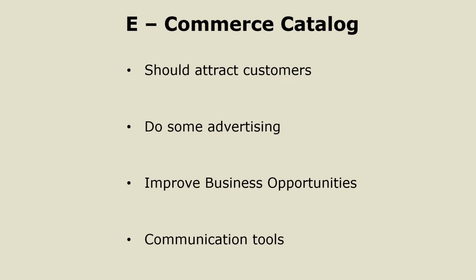And there are different types of e-commerce catalogs. In the business to consumer model, online sellers maintain individual web pages. But when it comes to the business model, the business organizations maintain e-commerce catalogs on their general websites also.